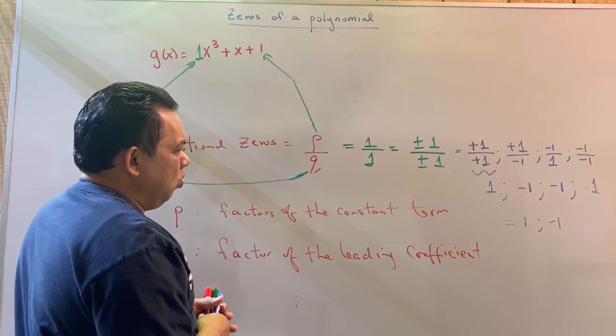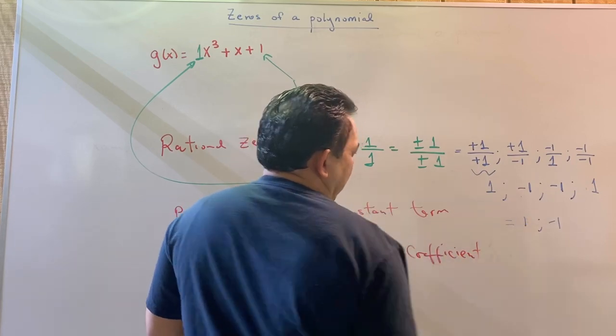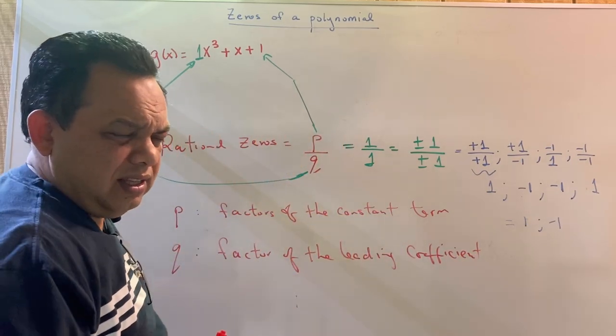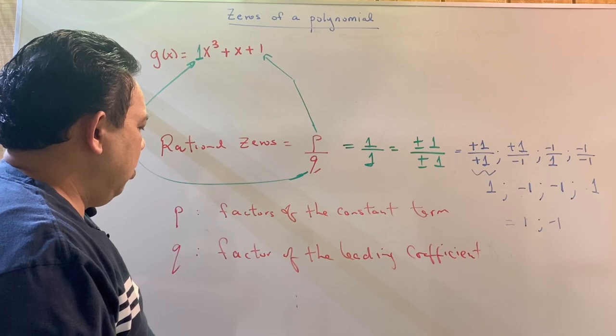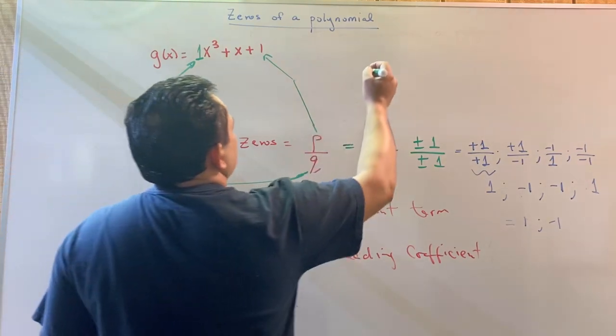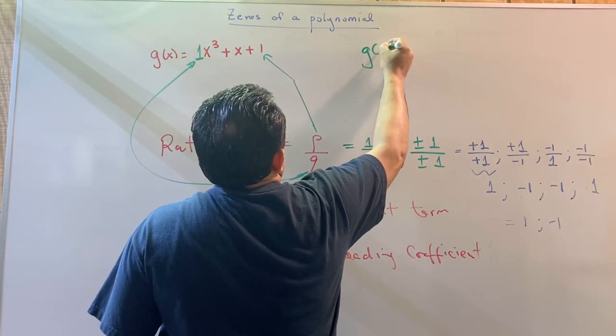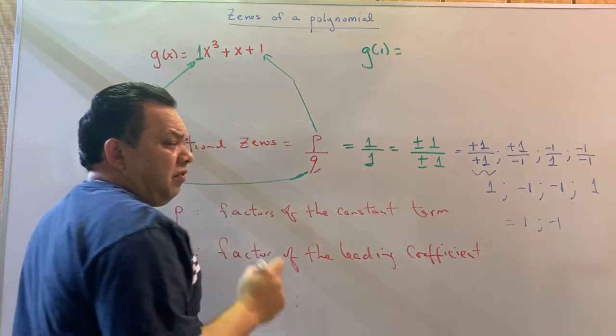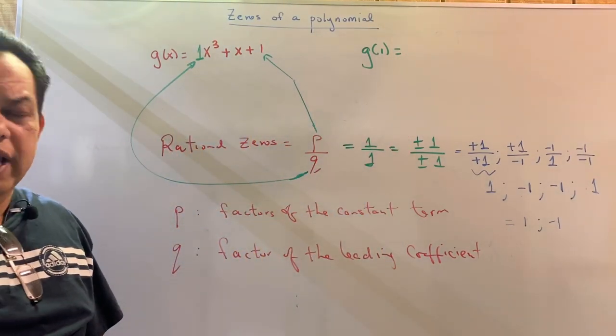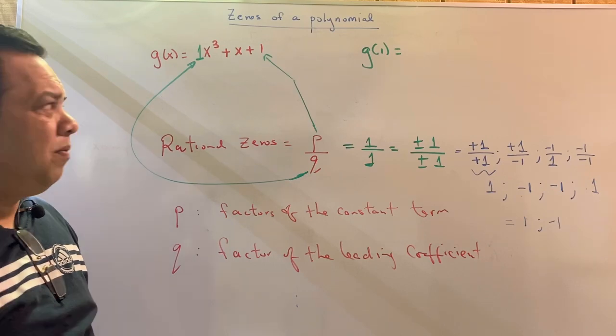So how do we know if 1 is a factor? Well, we saw in synthetic division, we also have the option: what is g of positive 1? If g of positive 1 is equal to 0, then we know that 1 is a zero.